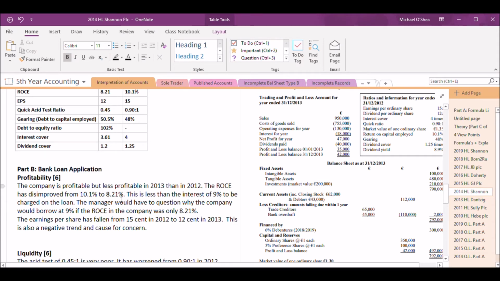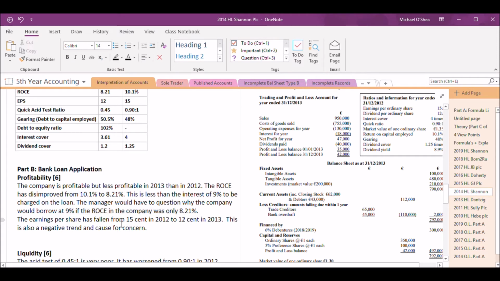We're only making 8.21% profit, but we're going to have to pay 9% interest on a €350,000 loan, which is quite large. The manager would have to question why the company would borrow at 9% if the ROCE was 8.21%. I mean, if you knew that you were going to make interest off something of 4% and you then had to go off and pay interest elsewhere of 8%, you know you're in a losing position there to start with.